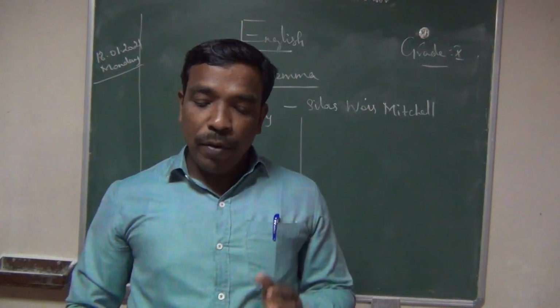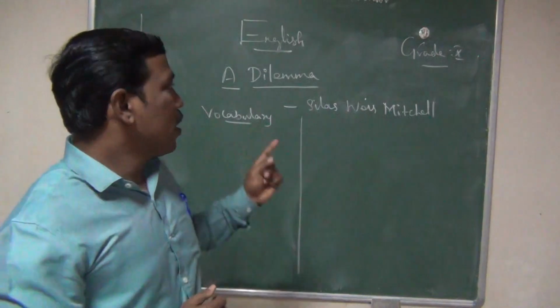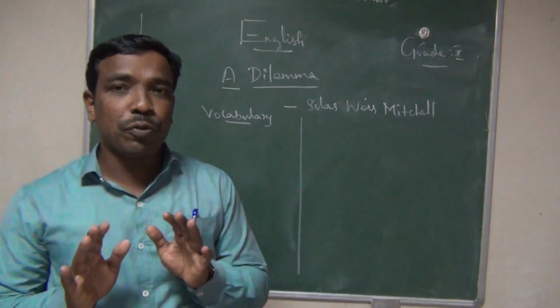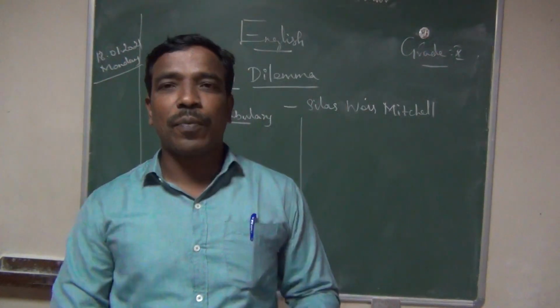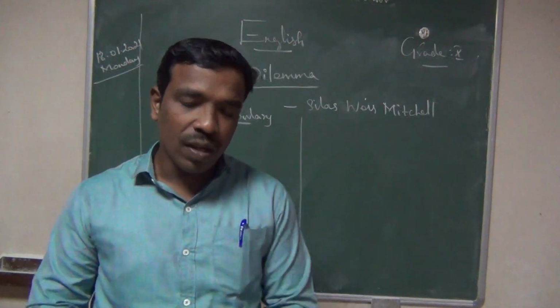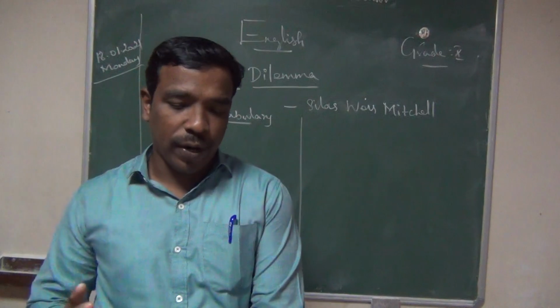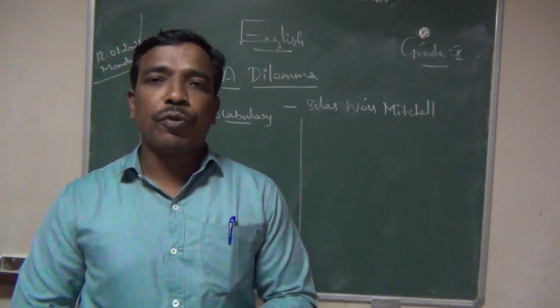Okay, good. Before moving into this story, Dilemma, you should know about this author Silas Weir Mitchell, because among the many authors I read, he is very great in his writings. He was a scientist in psychology, and he did so many things. All of you take page number 210.